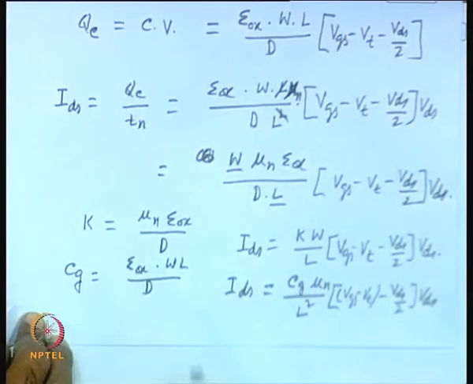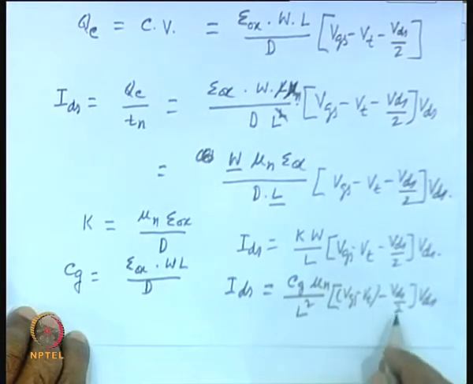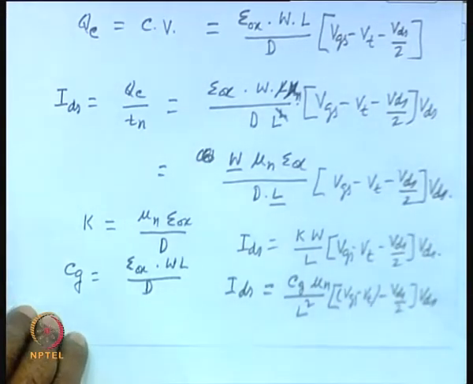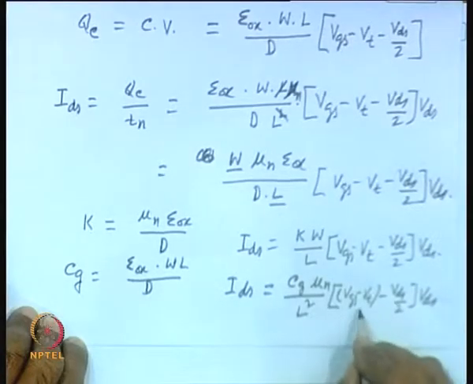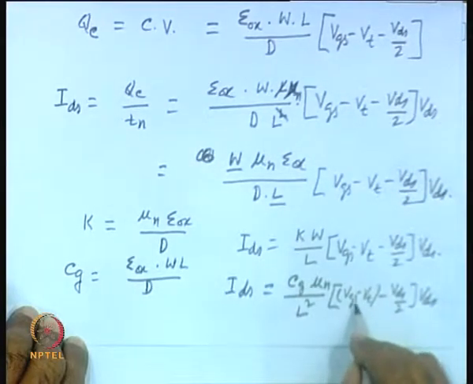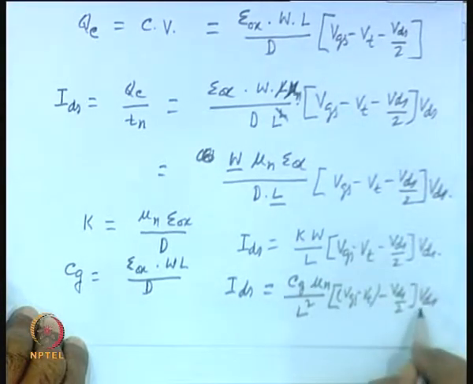So, this is the current that we get whenever the device is in the linear region. You may note that we are calling it linear region, but it is not exactly linear. Why is it not exactly linear? Because if we assume that V D S by 2 is too small compared to V G S minus V T, only then it becomes proportional to V D S. That means if we neglect this part, only then it becomes linear.